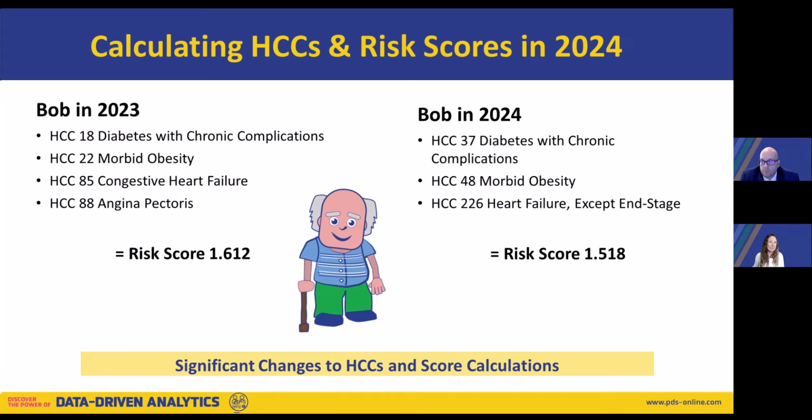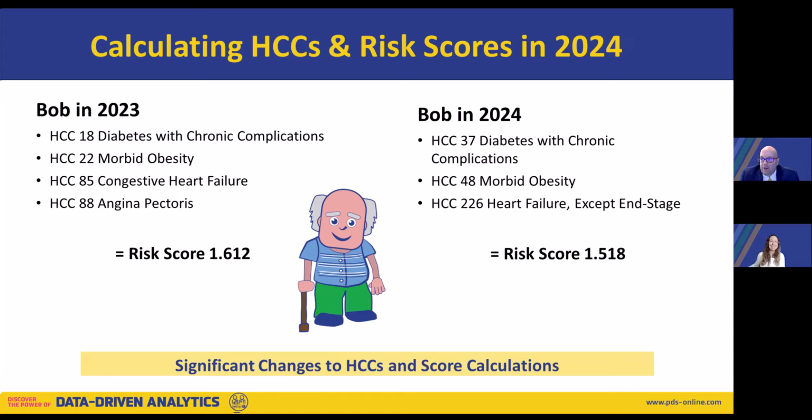The coefficient values will be changing, some of them significantly, and the diagnosis codes that Bob has today that support the angina HCC will no longer qualify for an HCC under the new HCC listing. So those are some of the highlights. It gets really fun from there.